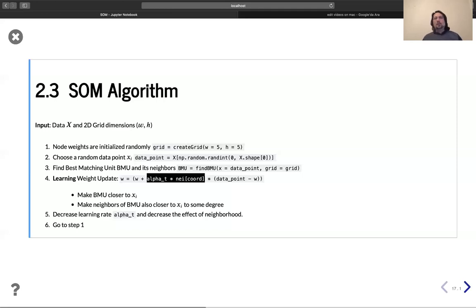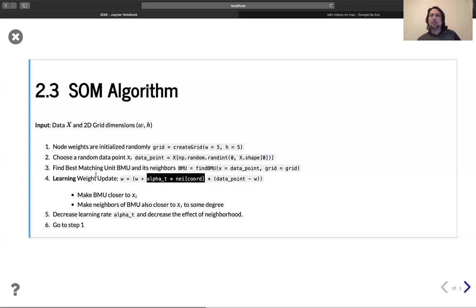But at the end, the learning rate and neighborhood function are not 1. So the new value of the weight will be a linear combination of this data point and the previous weight. So it becomes closer, and its neighbors also become closer. I will show how its neighbors are affected in the coming slides. Here we find the best matching unit.